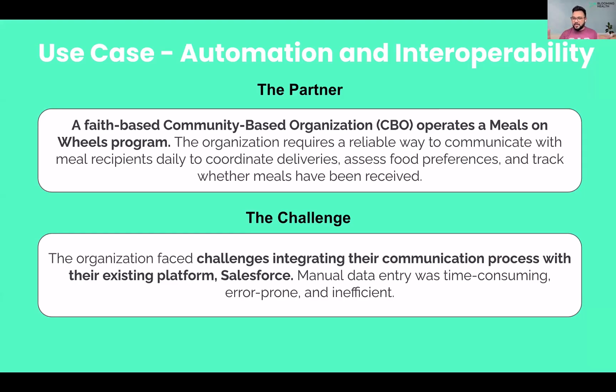At the same time, all of your data is now residing in multiple systems. There's no single point at which you have all of your centralized data. So with Blooming Health, interoperability, integration and automation, what we did for this organization, Arina, if we can move on to the next slide.